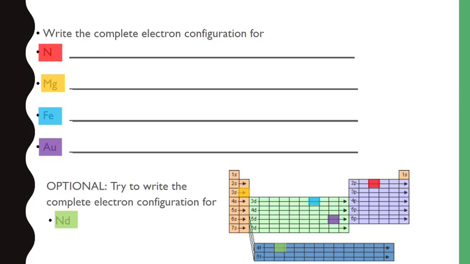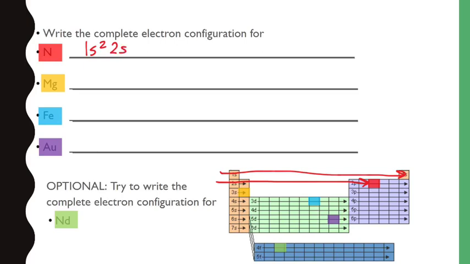Now I've already written out nitrogen once for you, but I want you to practice this the same way that we did. Nitrogen's down there in that second row. We've got to go all the way across the first row first and through the beginning of that second row before we can get all the way over to nitrogen. So we're going to start at 1s and go through 2 squares. Gets us to the end of the first row. Then at the beginning of the second row, we hit those 2 s's.